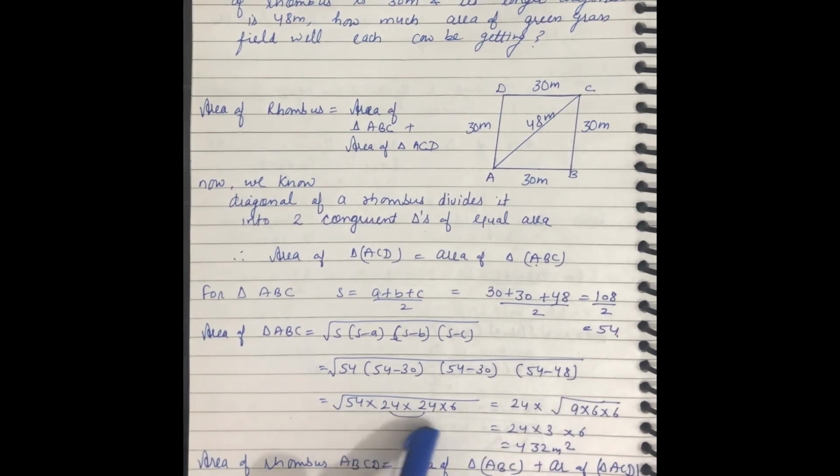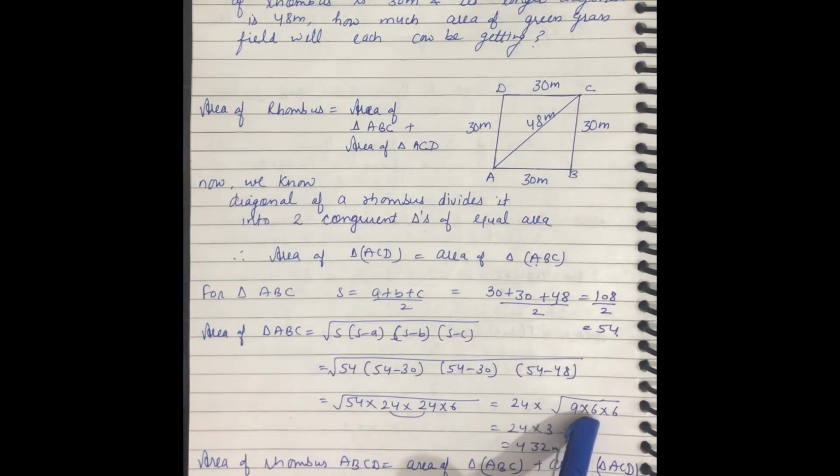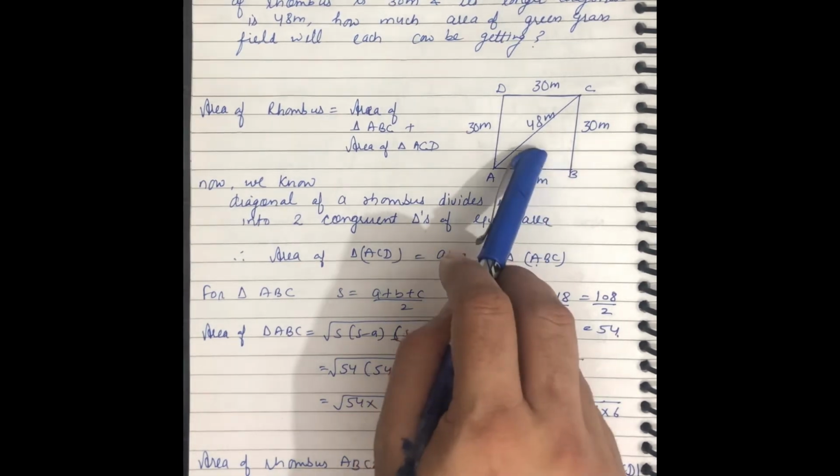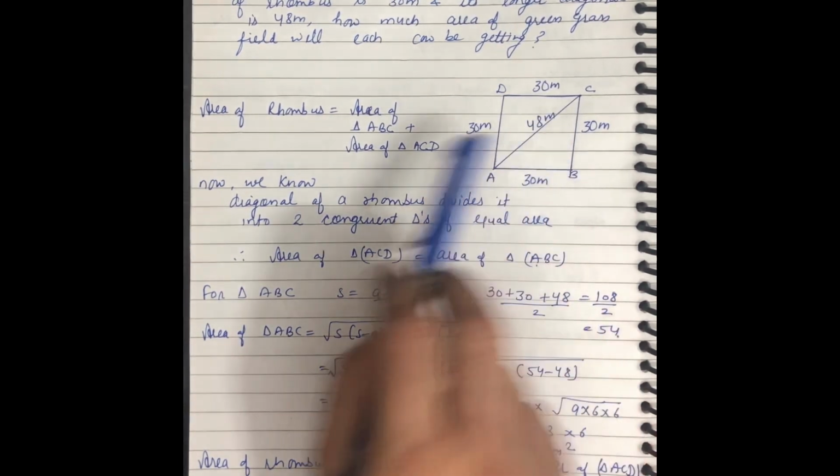This 24 is occurring in pair. This 54 I can write down as 9 into 6, and this 6 as it is. Now this 6 is occurring in pair. This 9 I can write down as 3 square. So 24 into 3 into 6, which is equal to 432. 432 meter square is the area of this portion.